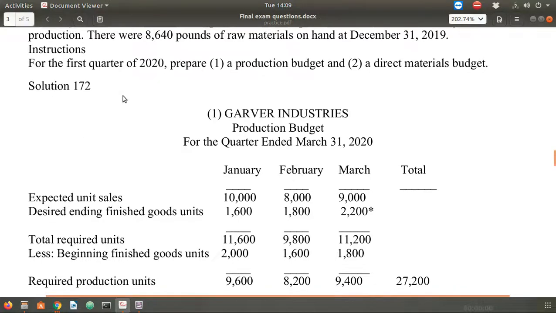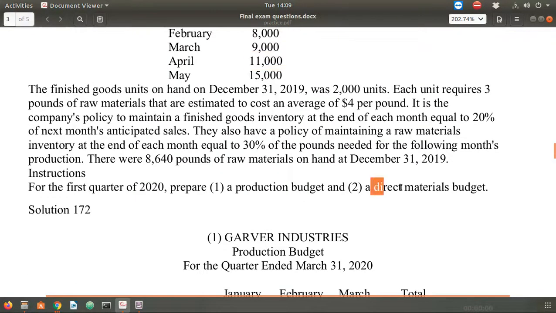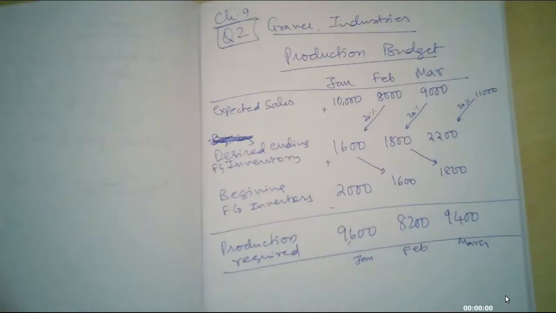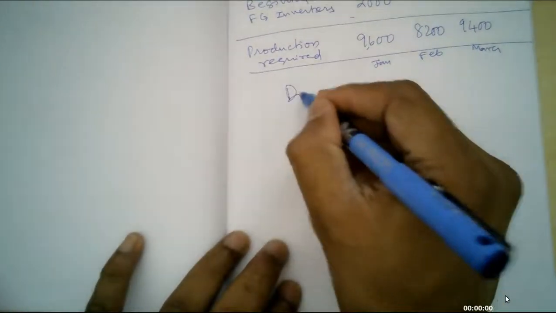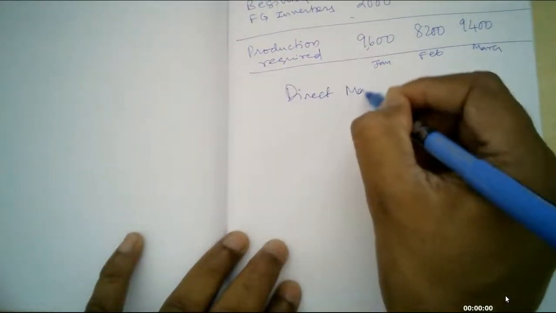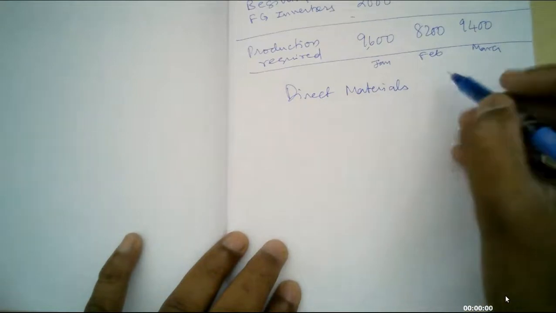Now, one more thing it is asking is the direct materials budget. What is the direct materials budget? For the given production, how much will you need? So let us do that here.